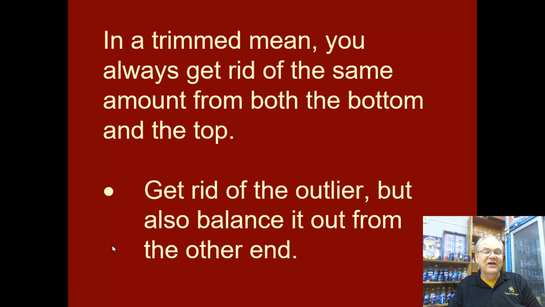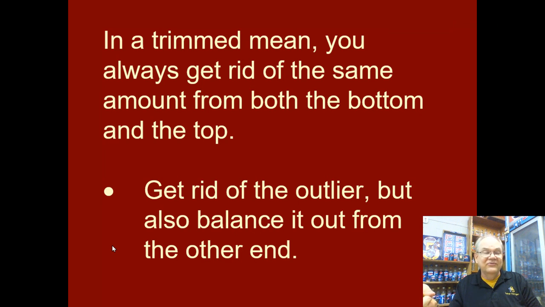You get rid of the outlier, but you also balance it out by getting rid of something from the other end. And so again, for your measures of central tendency, your averages, you've got the mean, where you just add them all up and divide by how many there are. X bar was the symbol on your calculator. The median, that's the exact center.